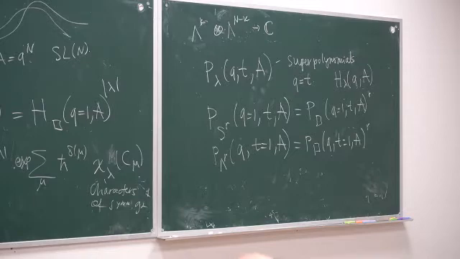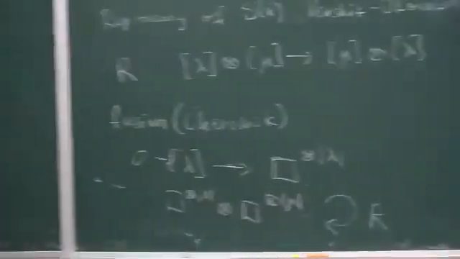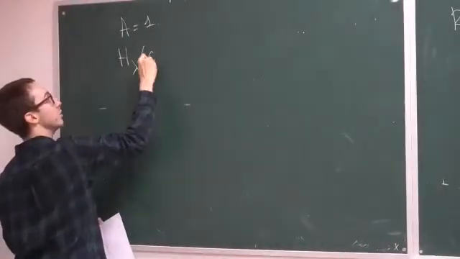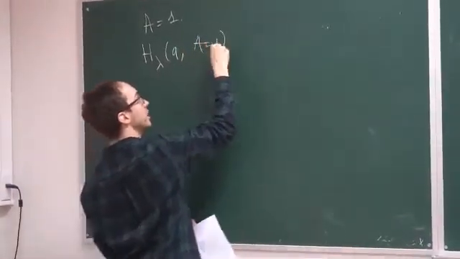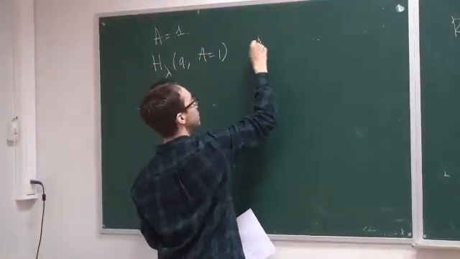Then we can consider, instead of Q going to 1, what happens if A goes to 1. Such a limit, H lambda of Q and A equal to 1, is known as the Alexander polynomial.